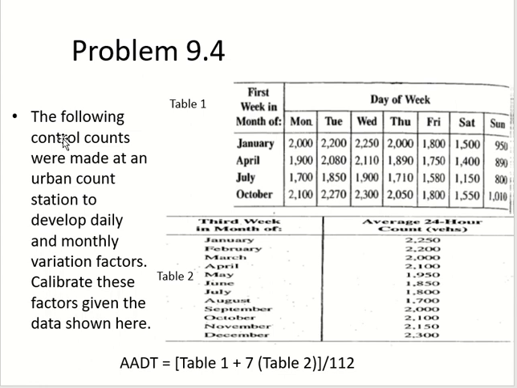What is our first step always? To calculate what? AADT. We first of all calculate AADT. Whenever you have to calculate the adjustment factors, you always calculate AADT first. AADT means total traffic upon total number of days. For how many days was the data observed in this year?